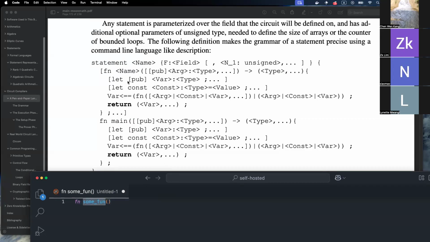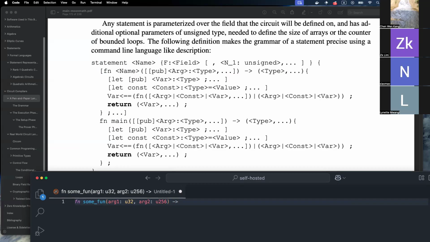So this is the name, and within its arguments, it might or might not have this pub keyword. But the arguments will be in the form of args, some type. Let's do U32. Why not? And you can have multiple of these, right? You can also have an arg2 that is a U256, whatever, right?